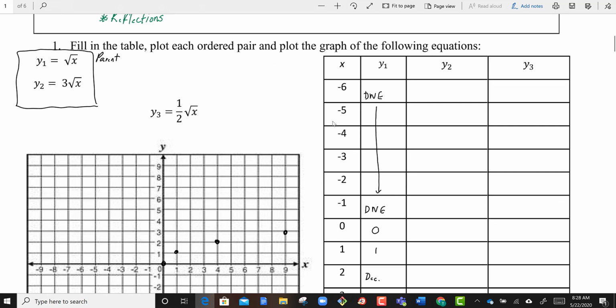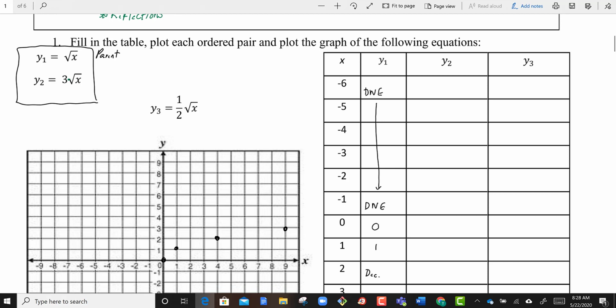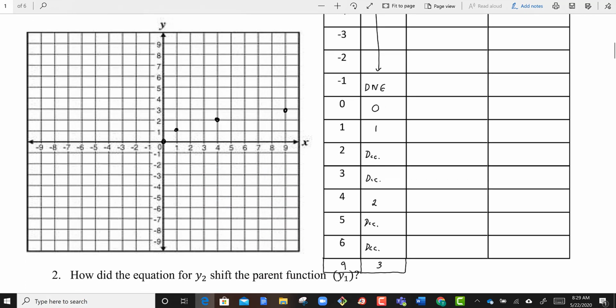And now I'm going to graph y2. y2 is essentially the same thing as y1, except we have a scalar multiplier out front. So we're taking the square root of the x value and then multiplying by 3. So we've already taken care of the part where we take the square root of these numbers.